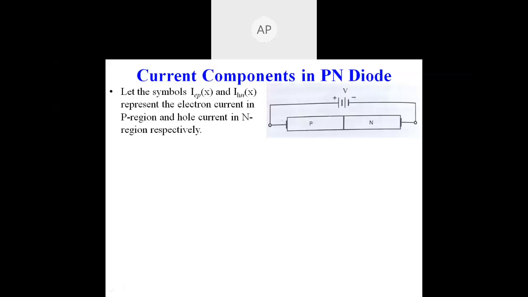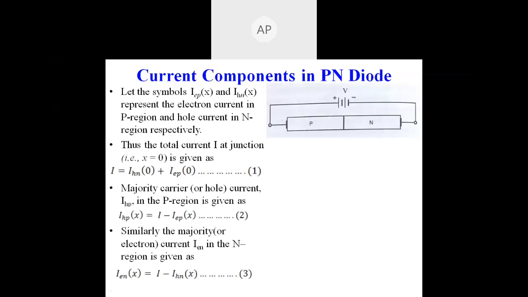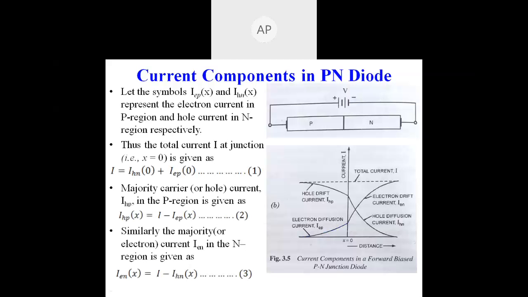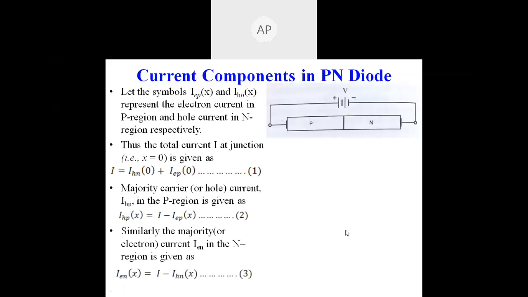Now, the holes from the P region and the electrons from the N region are injected into the N region and the P region respectively. The holes injected into the N region and the electrons injected into the P region are the minority carriers once the barrier potential is reduced.